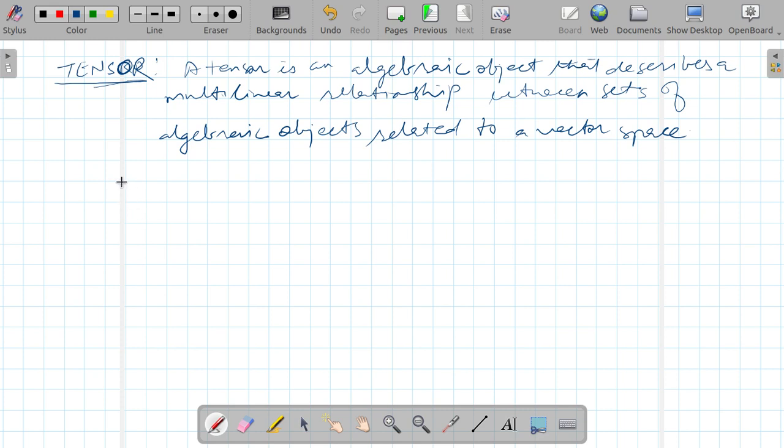Consider Ohm's law in vector form: current density J is equal to sigma E. Here J is the current density, sigma is the electrical conductivity, E is the applied field. This equation is valid only in an isotropic medium.